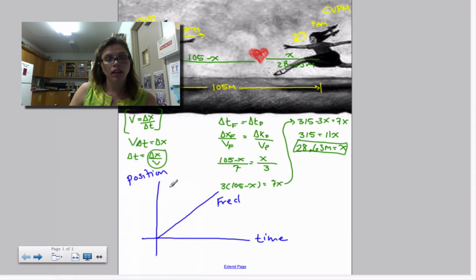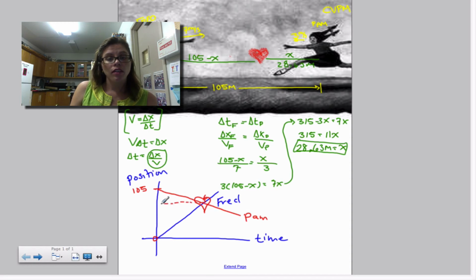Do Pam in red. So Pam is at 105 meters away from Fred, who starts at the origin. She's going to run slower towards Fred, so her slope is not as steep as Fred's, like so. And this is where they meet. Oh, true love.